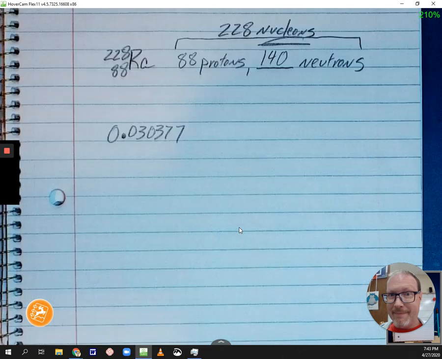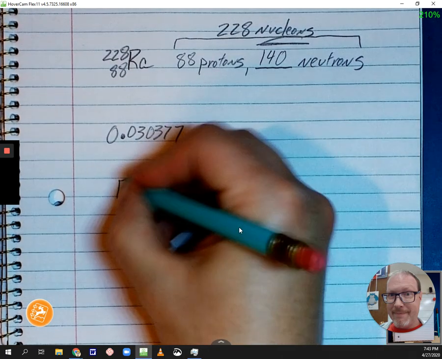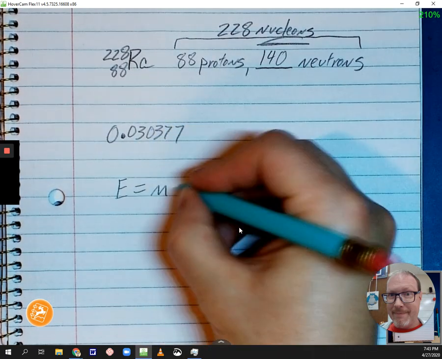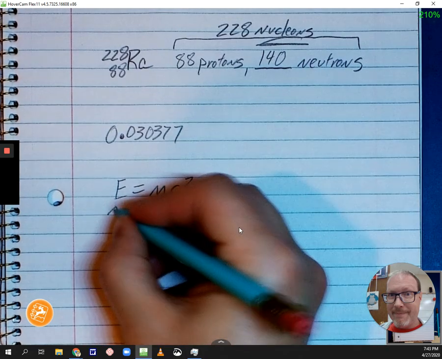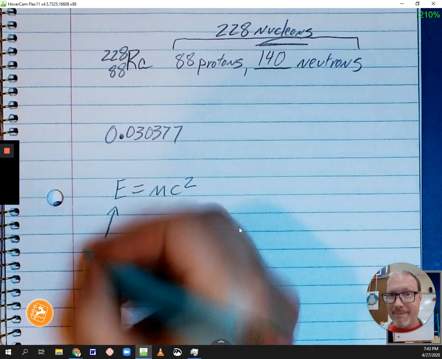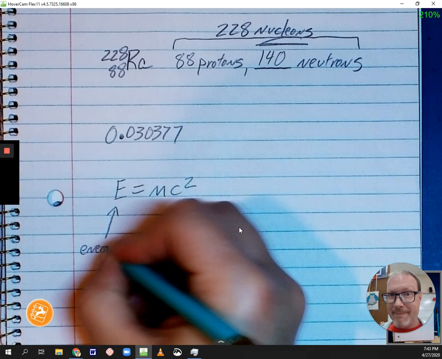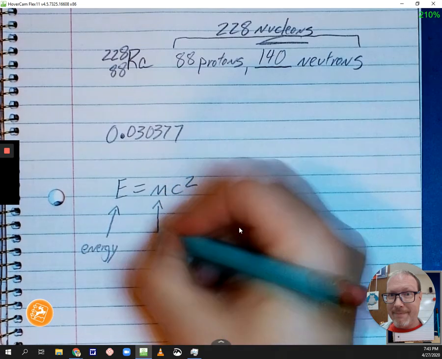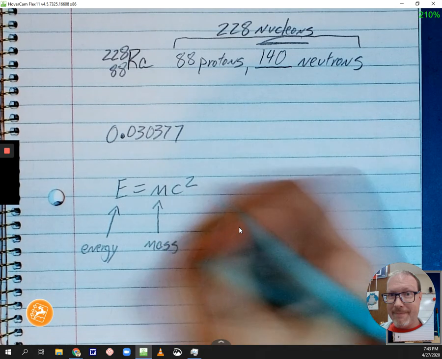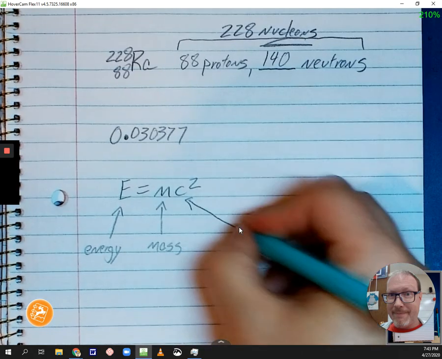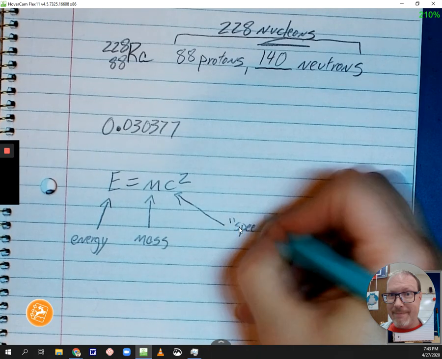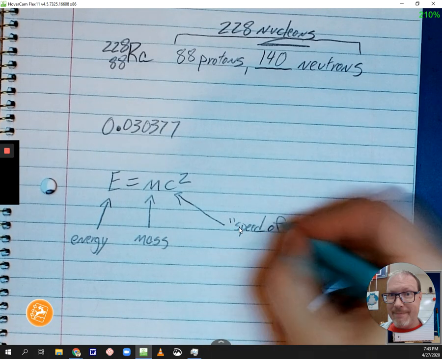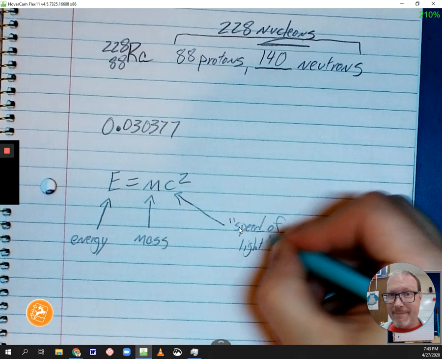If I have E equals mc squared, here's what that refers to. E, you might have been able to guess, is energy. M is mass. Now C is a constant. C is the speed of light in a vacuum.